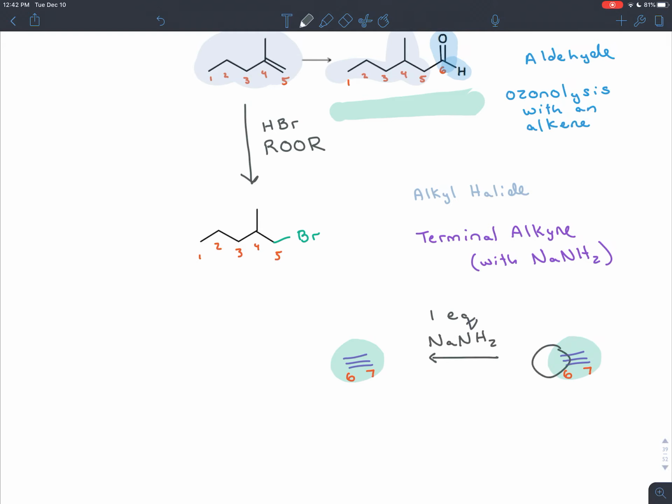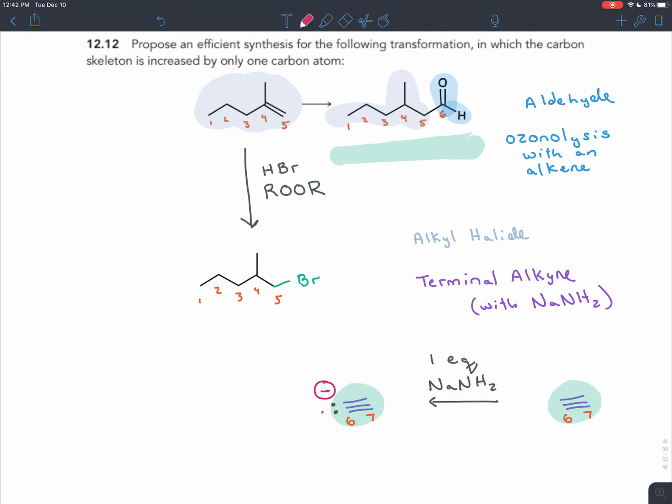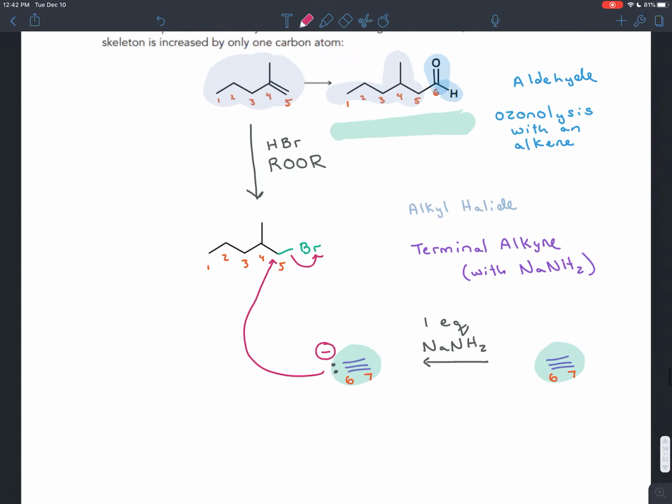That will rip one of the terminal hydrogens off, turn the electrons that were in the bond to the hydrogen into a lone pair, and that carbon now has a full negative charge. This is a process we've seen many times, which is why I'm not trying it out. We have bigger fish to fry here. So this nucleophile can come in, kick the leaving group off in a classic SN2 reaction.